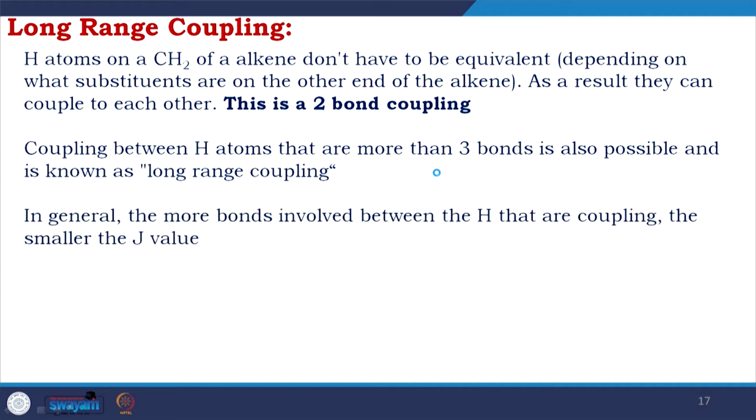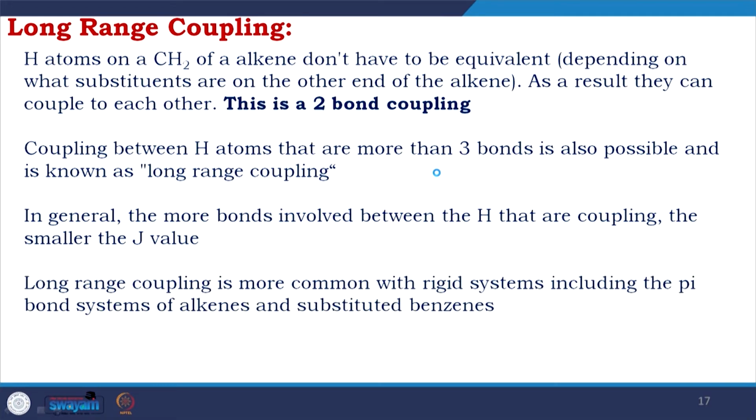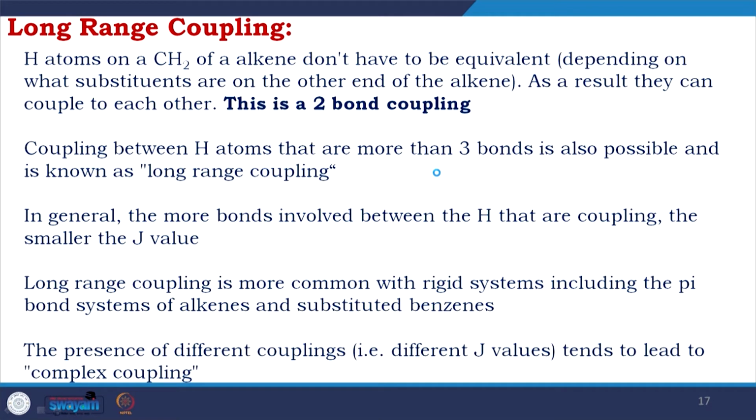In general, the more bonds involved between the coupling Hs, the smaller or weaker the J value. Long range coupling is more common with rigid systems, including the pi bond system of alkenes and substituted benzenes with delocalized pi electrons. The presence of different J values tends to lead to complex coupling.